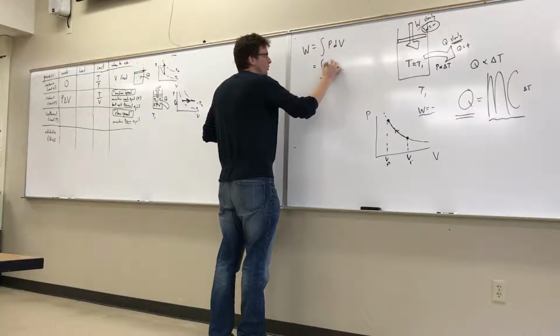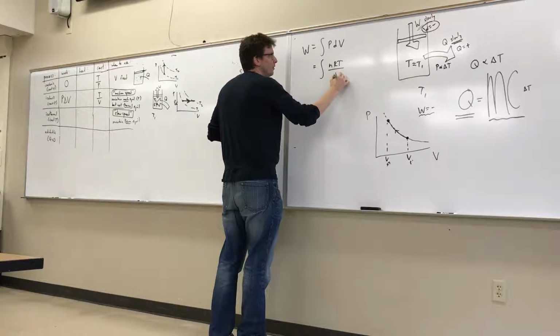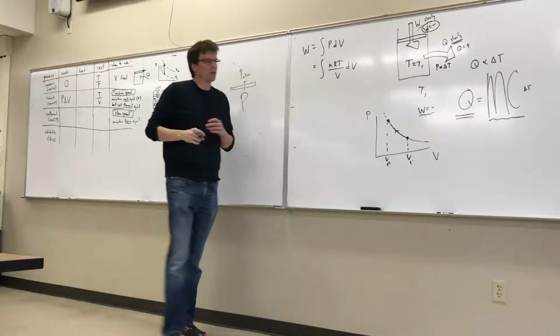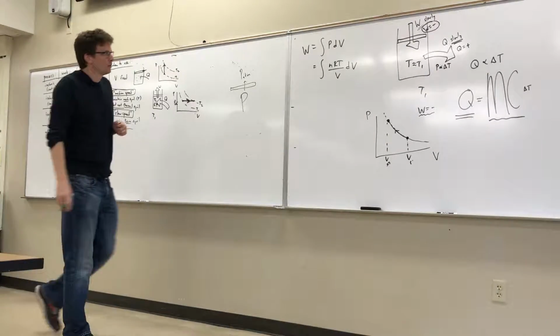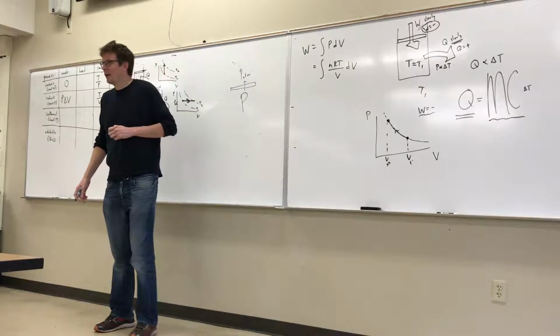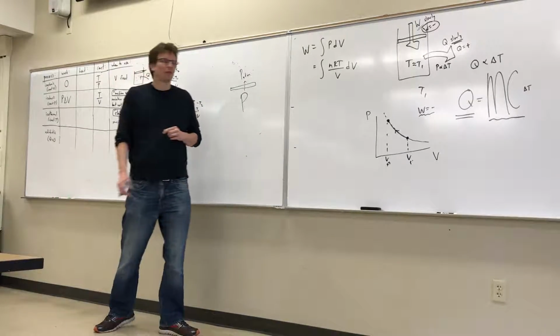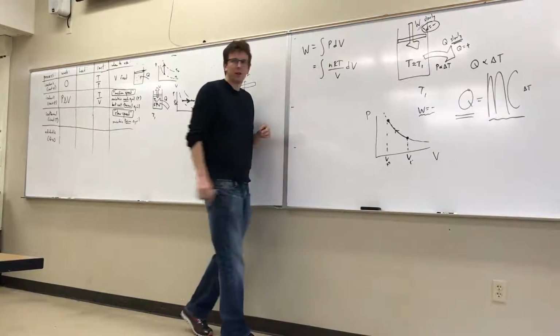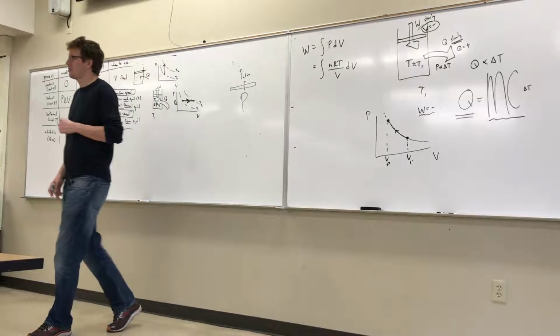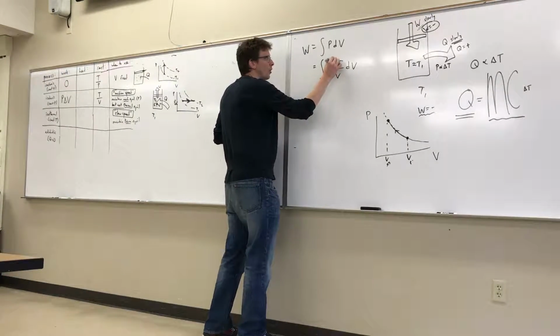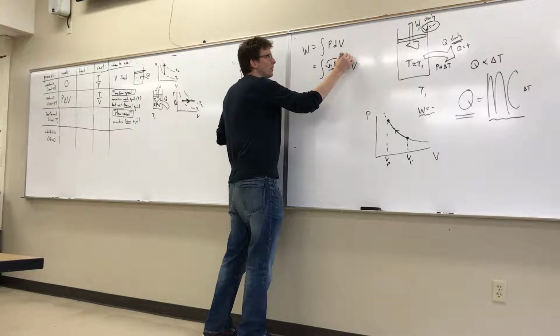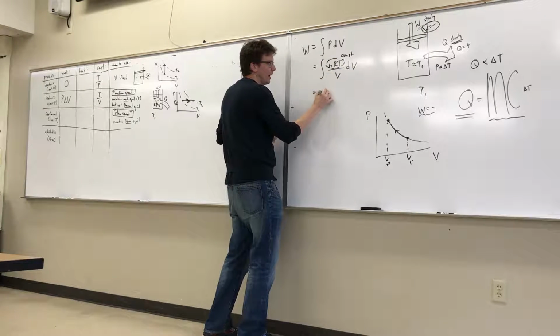So what I'm going to do to accomplish that is plug in P equals nRT over V, so ideal gas law. And the reason I do that is that way I have something to factor out. N and R are of course always constant. In this case, T is constant, so I can factor out the T as well. So all this stuff is constant, and so I can factor it out.